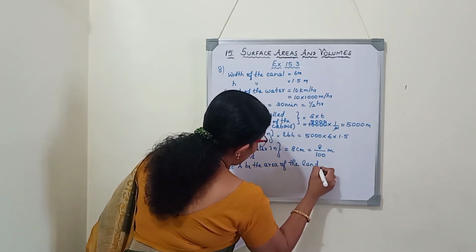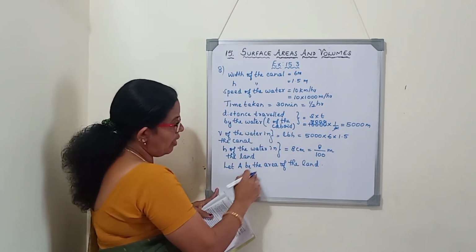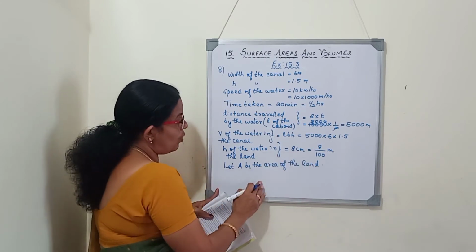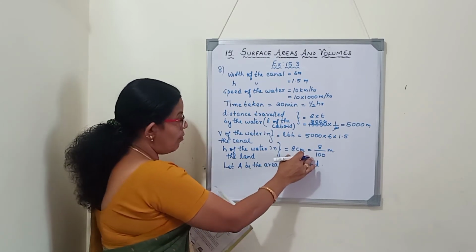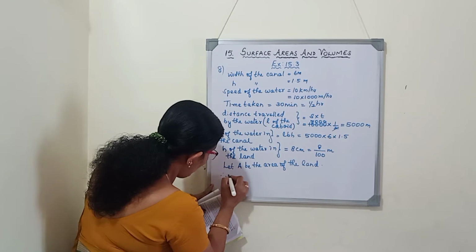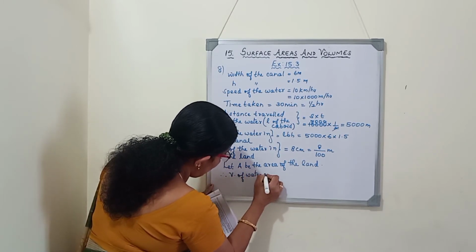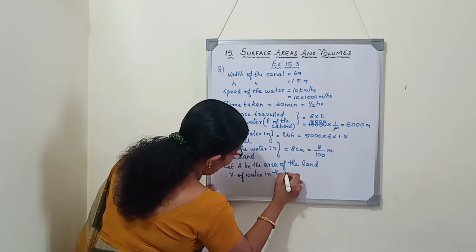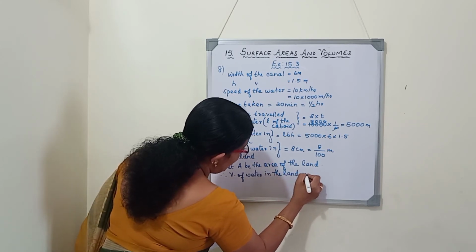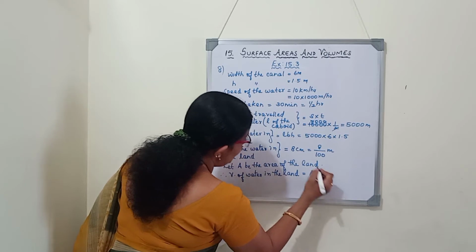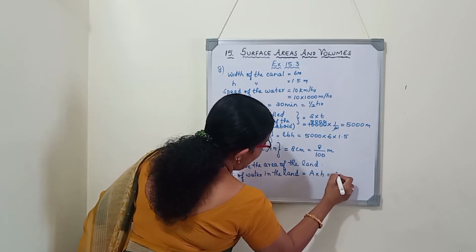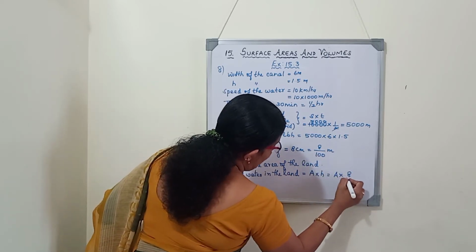Area and height are given, so area into height will be the volume of the water in the land or in the field. Volume equals area of the base into height. So A into height, which is 8 by 100.